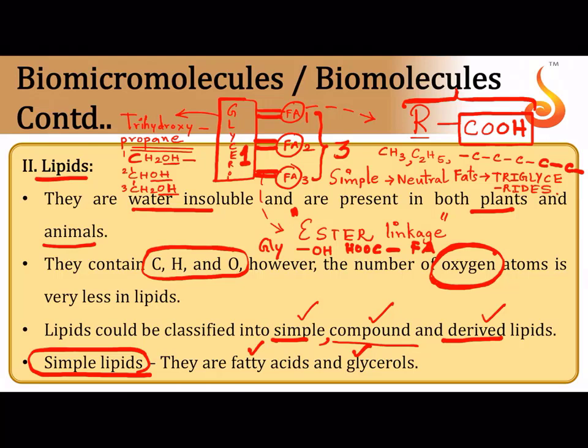So triglycerides are nothing but lipid molecules which are built on an alcoholic group, a trihydroxypropane or a trihydric alcohol, because it has 3 OH groups, which is called glycerol. The glycerol of one molecule is linked with 3 molecules of fatty acids at the hydroxyl groups respectively to form an ester bond. One glycerol and 3 fatty acids is called what? A triglyceride. It is also referred to as a neutral fat.